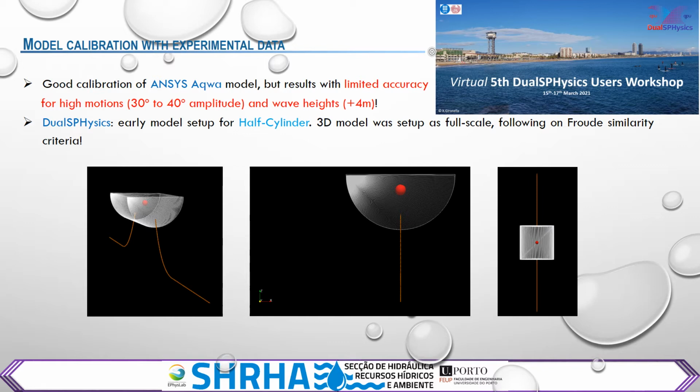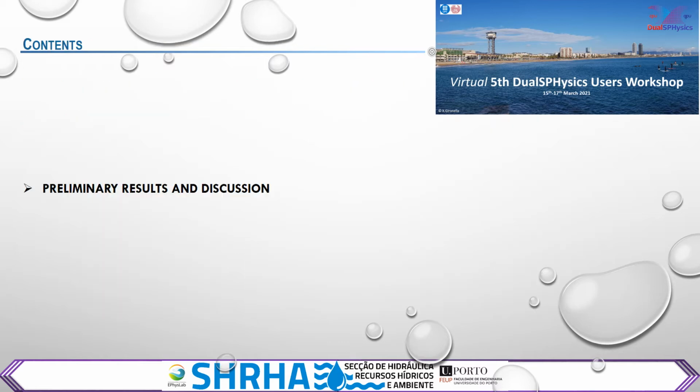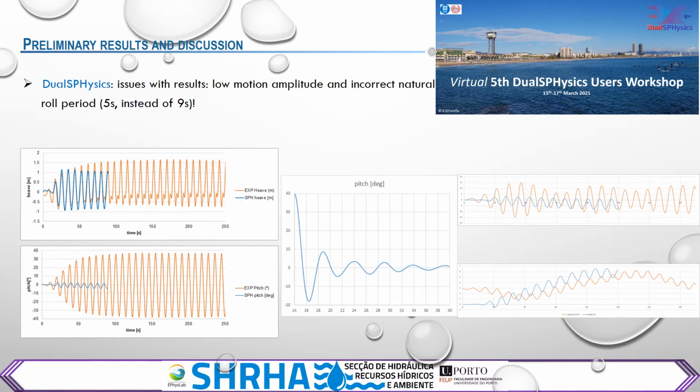We started off with the half cylinder 3D model at the full scale, following the fluid similarity criteria. The first results, unfortunately, were not encouraging, because the results were bad. I'm going to be honest with you, they were bad, period. The motions in terms of amplitude were very low, the natural period was incorrect, a lot of inaccuracies.